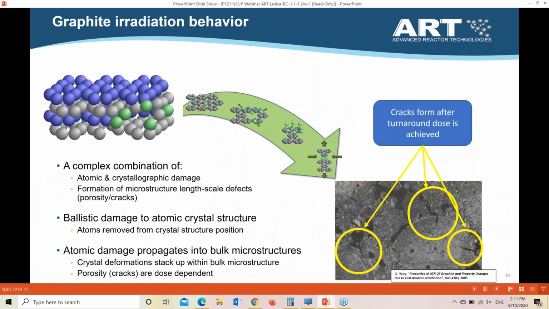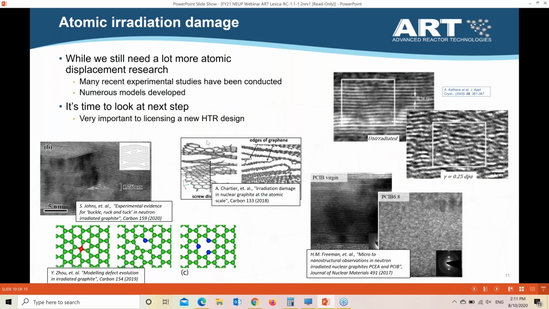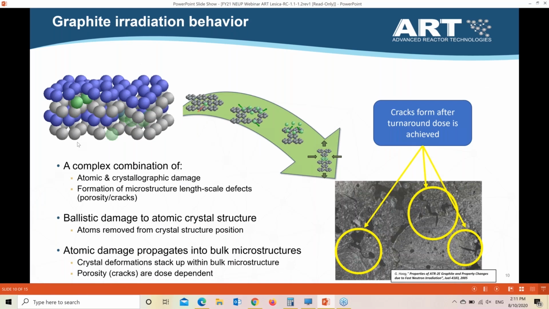So what is going on here? Hopefully you can see this animation. When graphite is in an irradiation environment, there's a very complex combination of both atomic and crystallographic damage.